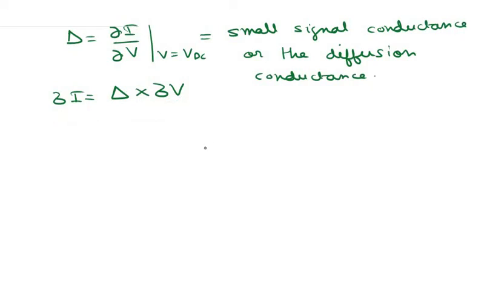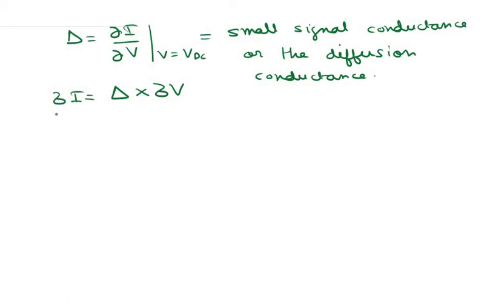So this delta relates the AC component, or the time varying component, of the voltage to the time varying component of the current. As I stated, the small signal AC model relates the AC component of the applied voltage to the AC component of the total current.